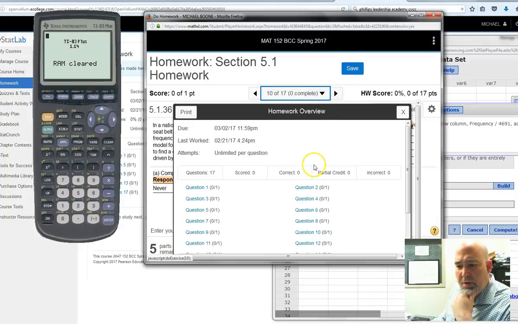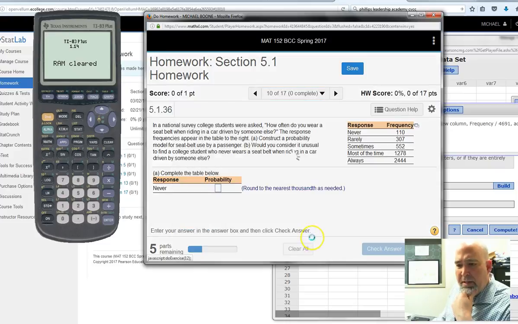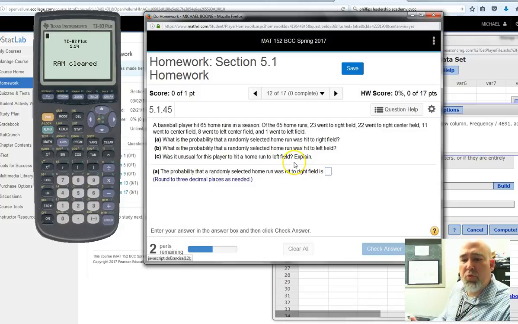Number 12 had an interesting word that I wanted to look at, and it talks about something being unusual. Was it unusual for this player to hit a home run to the left field? And so if we look at left field, 1 went to left field. So 1 out of 65.